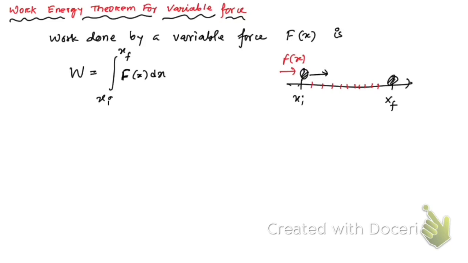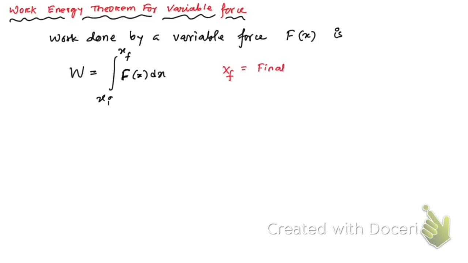In that case work done can be obtained by integrating this force from initial position to final position, right? Hope you have understood this. So here xf is the final position, and xi is the initial position.